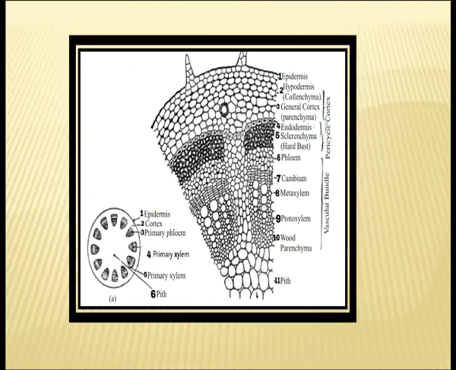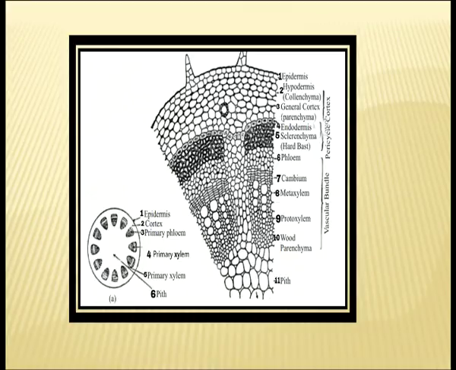The epidermis is the outermost covering, and the scales you are seeing are multicellular hair-like projections. You remember in roots we have unicellular hairs, but in the stem we have multicellular ones. You can see the division of cells, and so many cells make one scale.